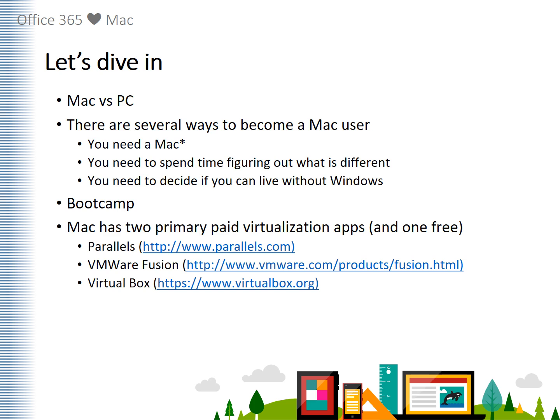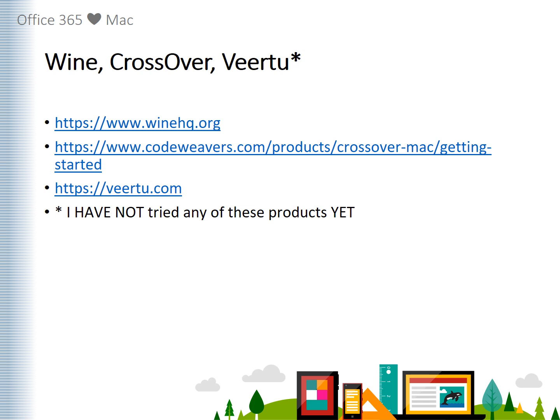VMware Fusion I used in a trial, and just based on my testing and what I wanted to do at the time, I chose Parallels. I've also done some brief work with VirtualBox. And again, VirtualBox is free, so it is an option that you can just test for yourself.